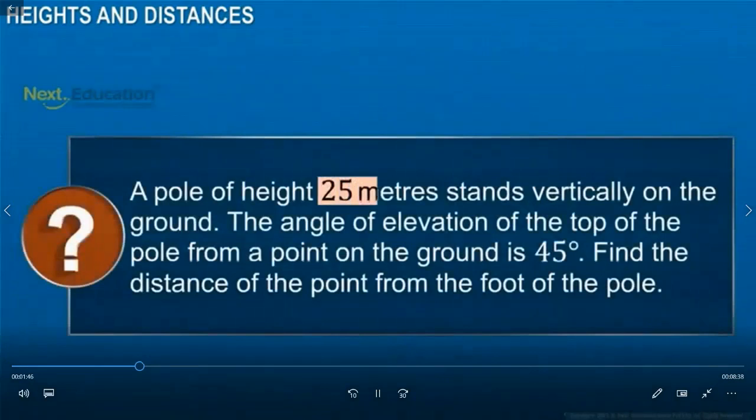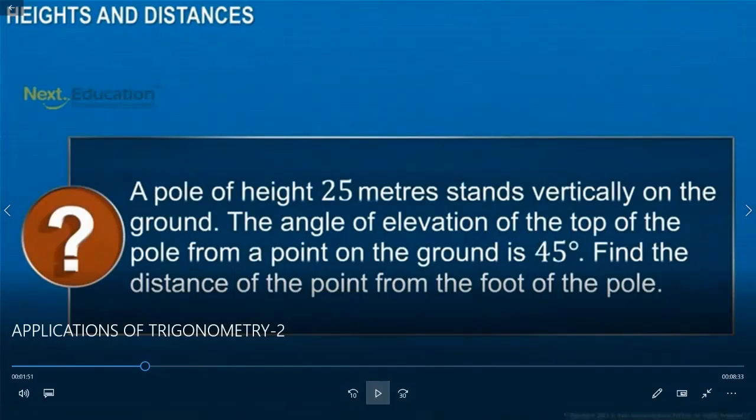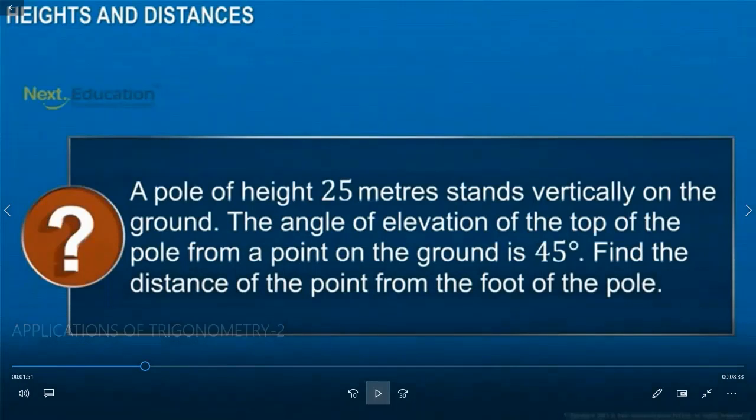A pole of height 25 meters stands vertically on the ground. I would want you all to write down example number one, and it's better that you take down the question fast. And I want everybody to sketch a diagram faster. Can you hear me, all of you? Yes, please.